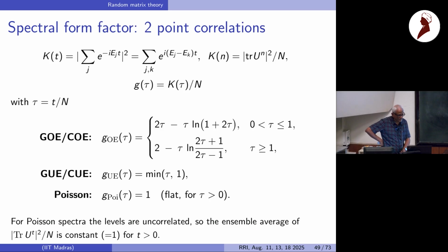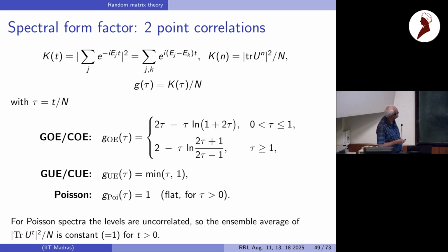Okay, so let me go beyond the density of states. I'll introduce this important quantity, which is widely used now in many body physics as well, called the spectral form factor, which talks about what happens to two eigenvalues, Ej minus Ek, let's say this difference. How is this distributed, Ej minus Ek for all j and k? Those are called 2-point correlations.